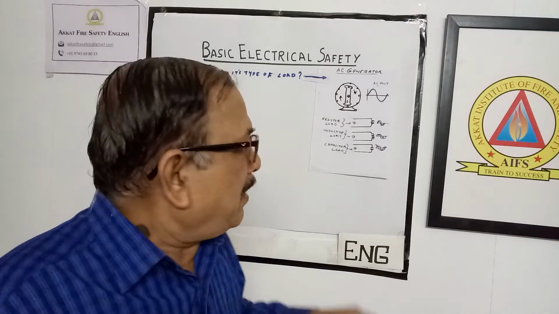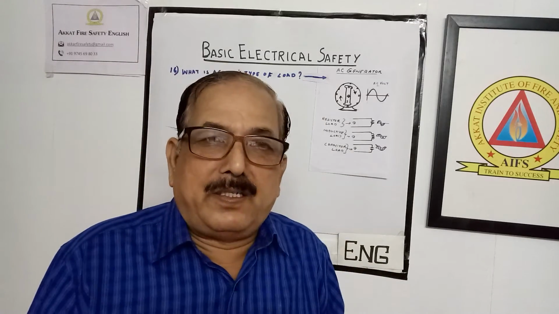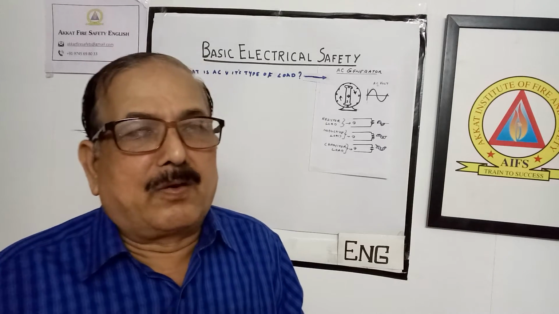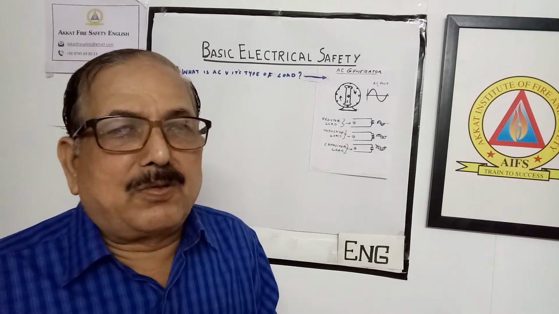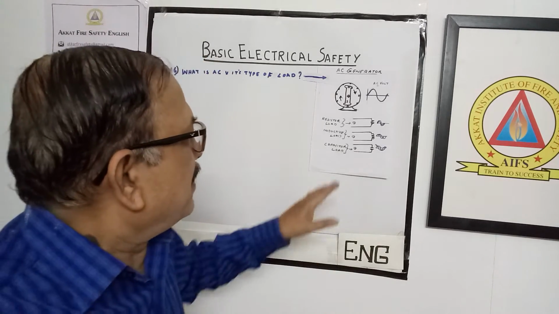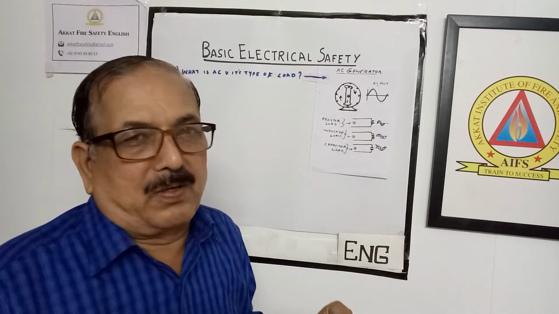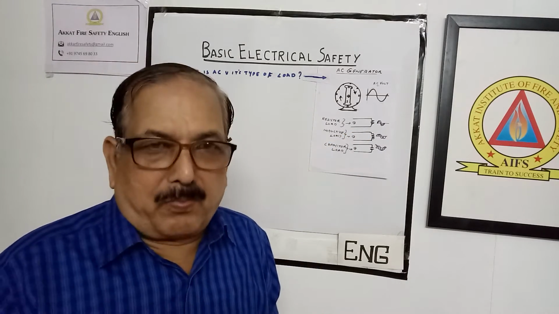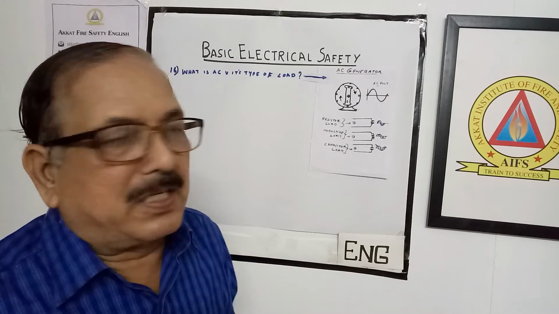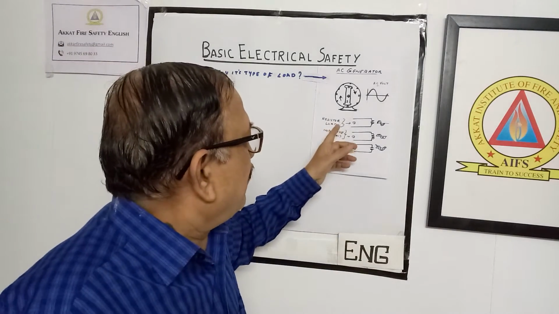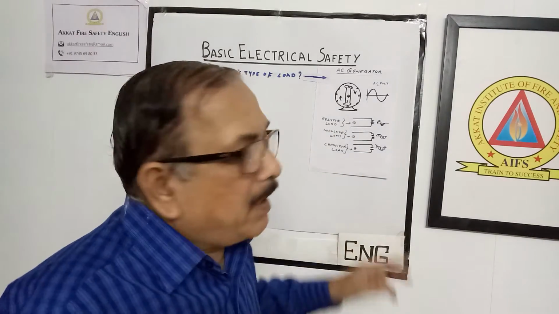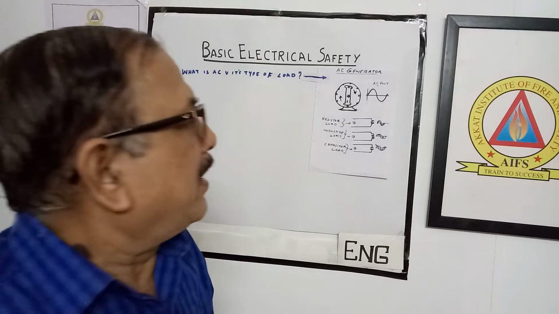Now, what type of load? In the case of DC, whatever the load may be, whether it is an inductor, a capacitor or a resistor, such variation does not take place. Here, suppose our load is a resistive load. A resistive load means maybe a heater or any simple gadget or lamp. Then the voltage and current are in phase with each other.